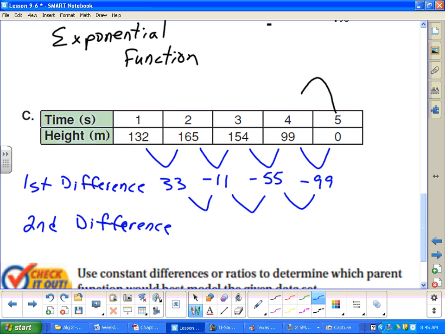So negative 99 minus 55 is negative 44. Negative 55 minus 11 is negative 44. And negative 11 minus 33 is negative 44. So since the second differences are the same, then this would be a quadratic function.